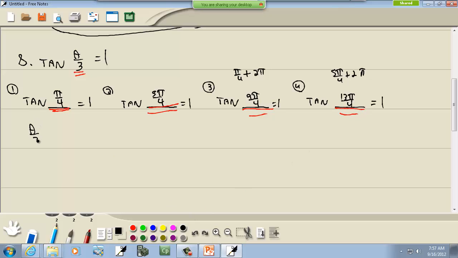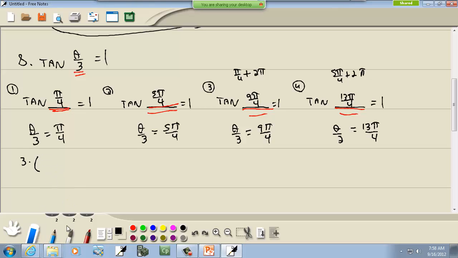Okay, so theta over 3 is equal to pi over 4. Theta over 3 is equal to 5 pi over 4. Theta over 3 is equal to 9 pi over 4. Theta over 3 is equal to 13 pi over 4. Well, if I multiply both sides by 3, we're going to get theta is equal to 3 pi over 4.